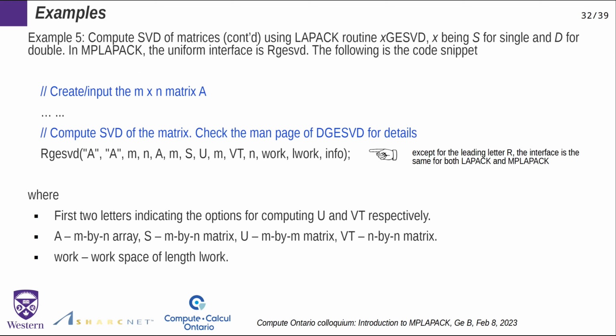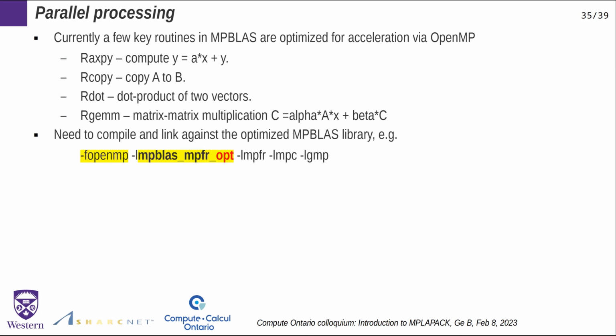By the way, I didn't mention that MPFR is the underlying package used for multiple precision. It could be replaced by GMP, or by some other packages, with the details in the manual.